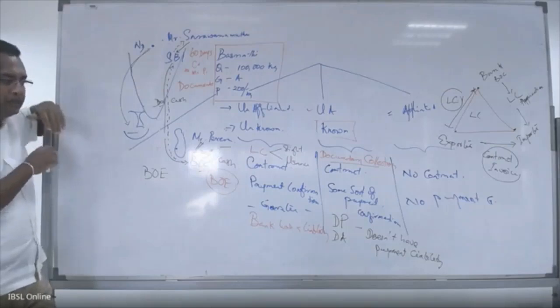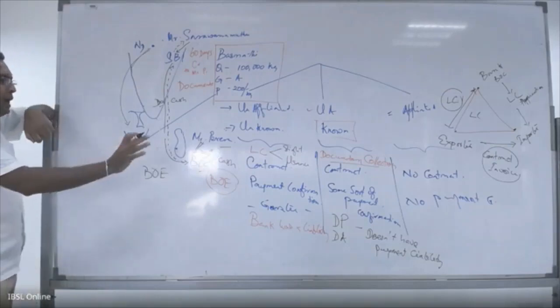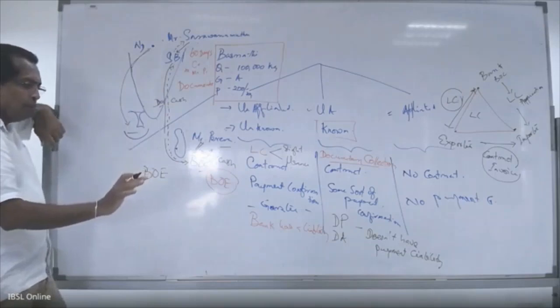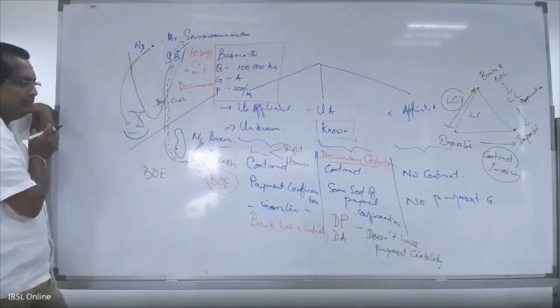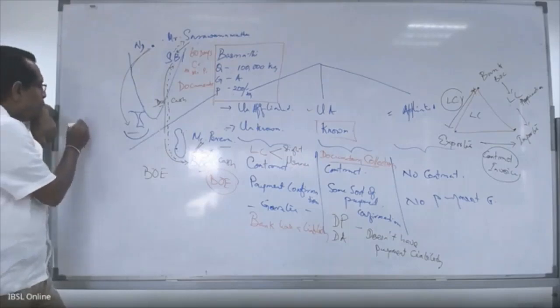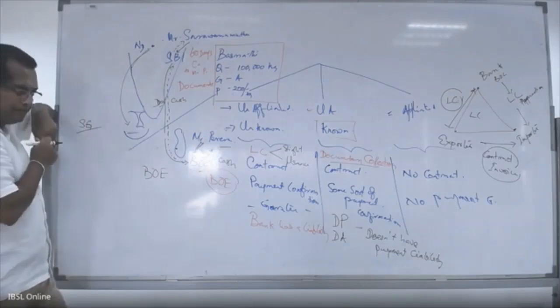Now, we have two things. Here, under DA and DP also, sometimes documents get delayed. So, we go for shipping guarantees under DA and DP, right?